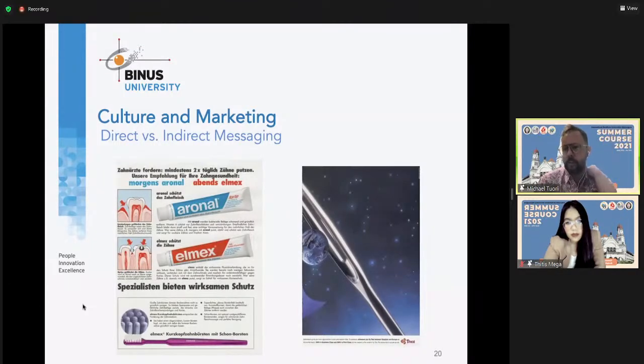Are they trying to sell sewing needles, do you think? So it's not an advertisement for sewing needles. If you look in the bottom right-hand corner, it's the logo for Thai Airways. So it's an advertisement for an airline, Thai Airways.